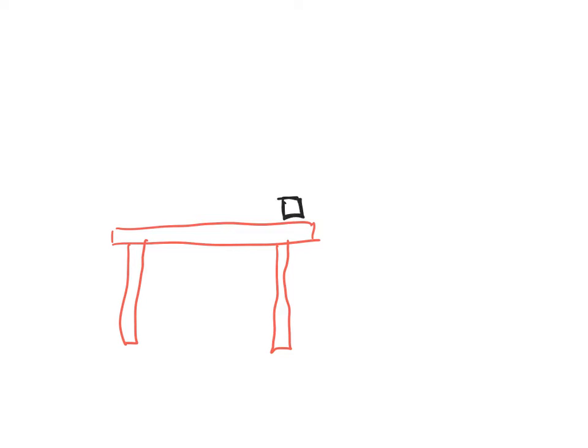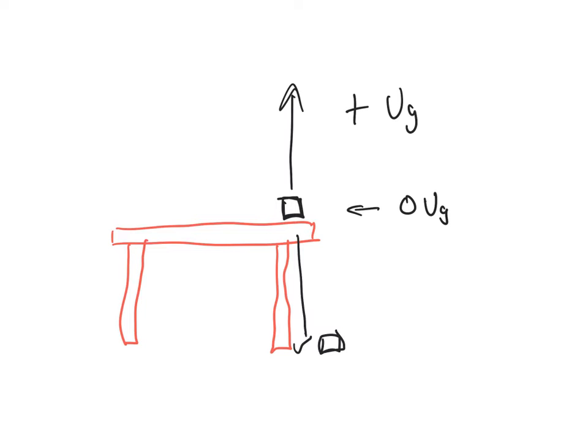If I say that this is my zero gravitational potential energy position, then if I raise it up, I'm going to have a positive gravitational potential energy. And if I lower it down, so let's say it went down to the floor, here I would be taking away gravitational potential, and on the floor it would have a negative gravitational potential energy because it's all based around this frame of reference on the table.